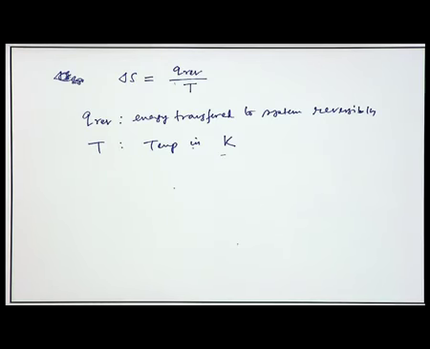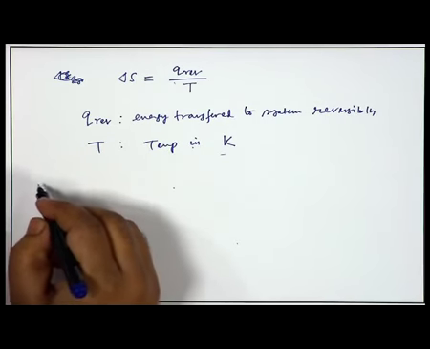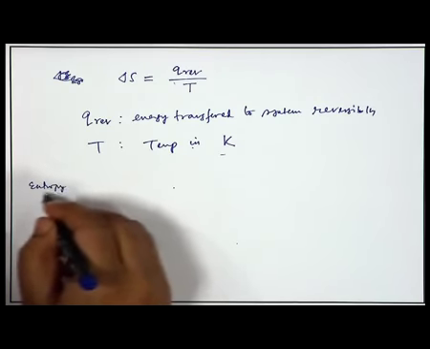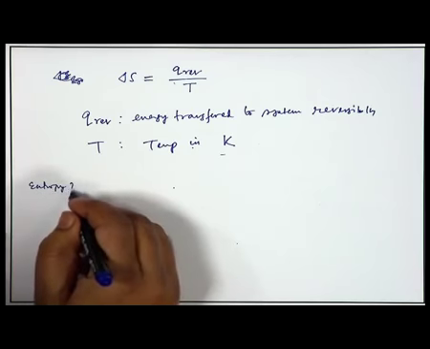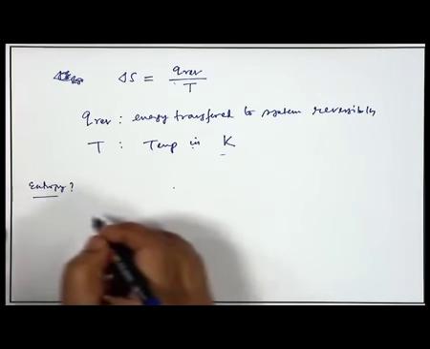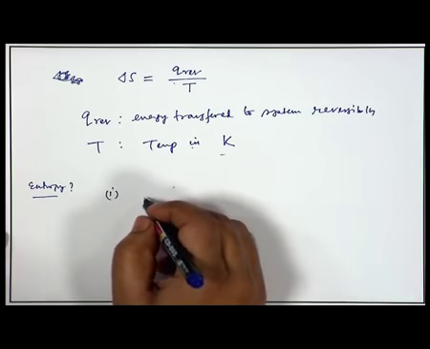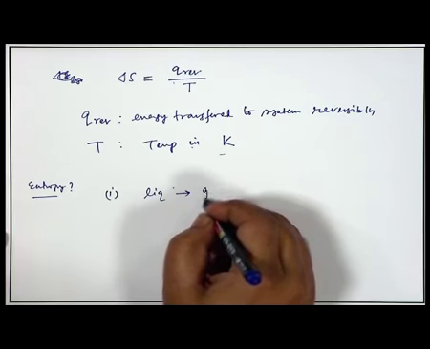We will just talk about a few examples where entropy increases. We just look at some examples and see what happens to entropy for the system. Like we will take a liquid, say water becoming a gas, a vapor.